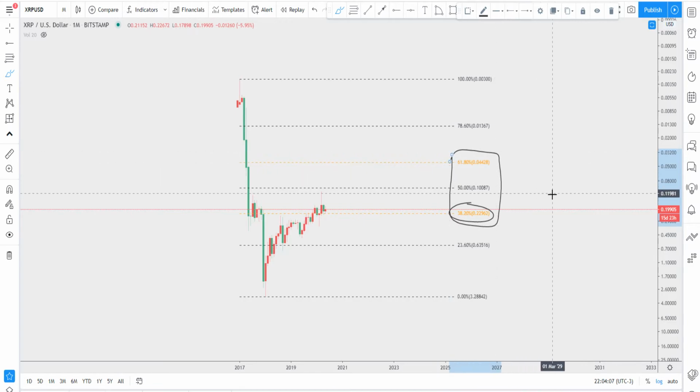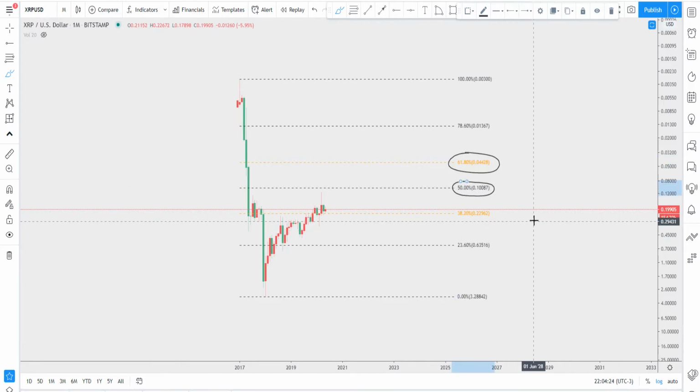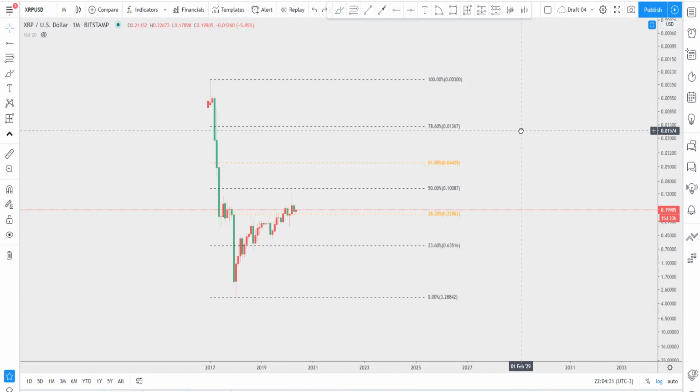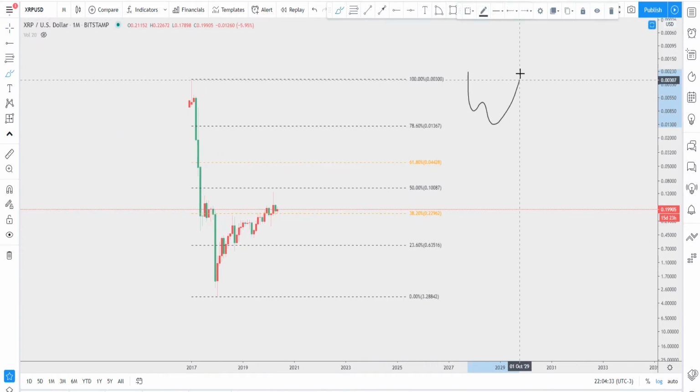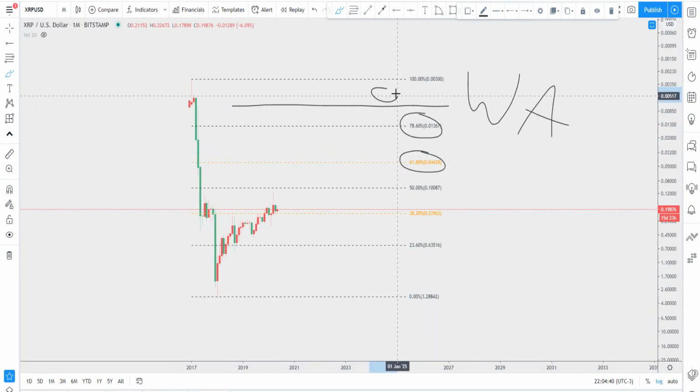It doesn't mean it's going to happen, but it is possible. Even so, the 50% is a very significant level, because every time we have a weak asset, we don't make it to the 61 or 78 or the 80.